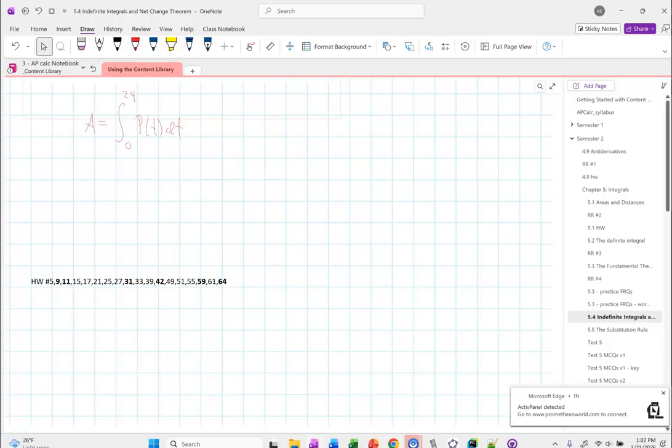It'll be how to work the chain rule in reverse. Although it's maybe the most difficult derivative rule to get the hang of, it's the easiest antiderivative rule to get the hang of of the product, quotient, and chain. The chain is way easier to do the antiderivative of.